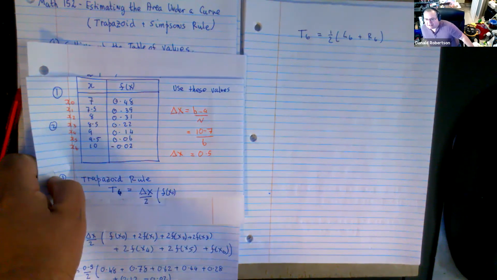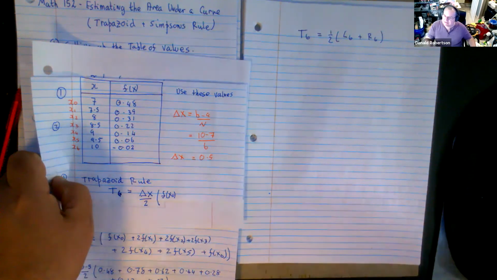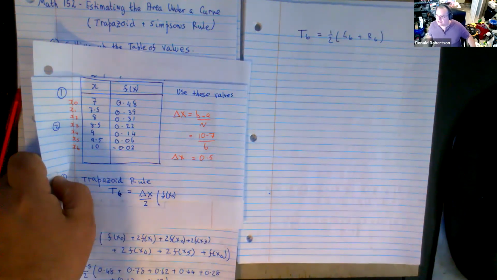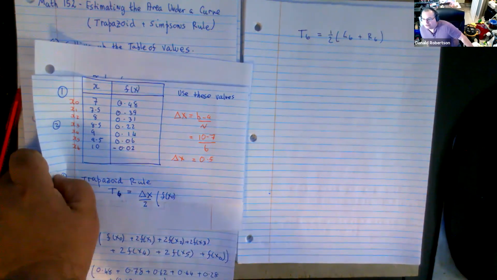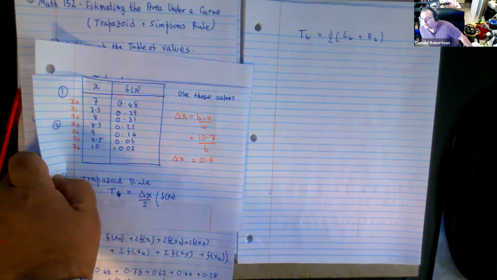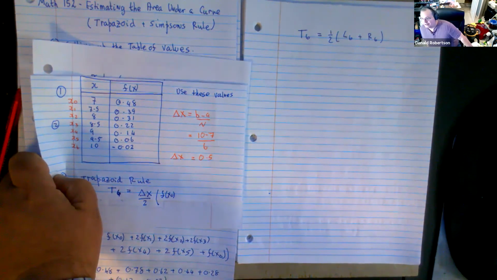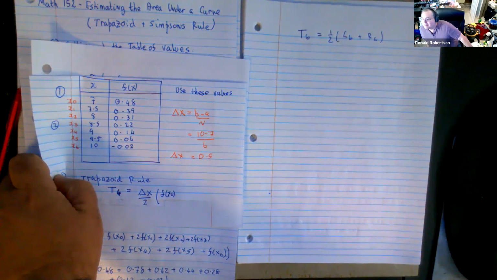So if you ever get a question and it says find left 6, right 6, mid 6, T6 and S6, couldn't you just use the left 6 and the right 6 to get T6 without doing that formula? Unfortunately, they don't do that very often, but if they ever do, I would suggest you do it, right? We cool with that?